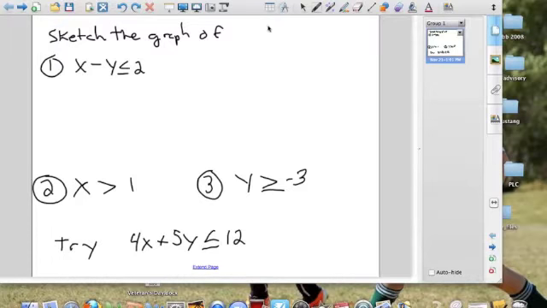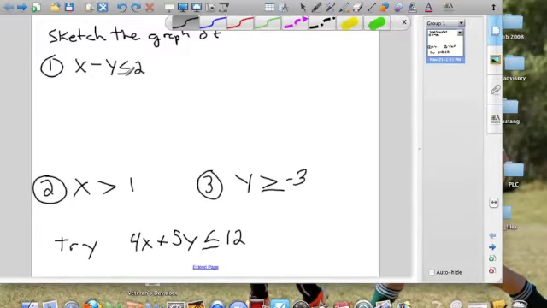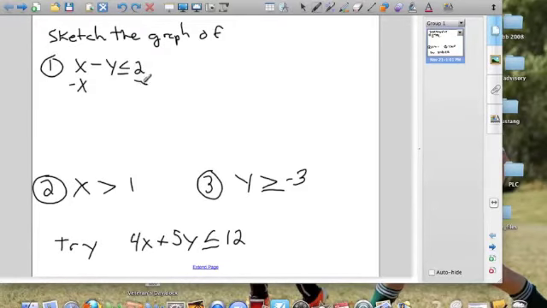So in this equation, when I'm solving for y, I have to get y by itself, so I'm going to take a negative x to both sides of the equation, and I'm going to have a negative y, or inequality I should say. I'm going to have a negative y is less than or equal to a negative x plus 2. Now, because I still have a negative y, I'm going to multiply on both sides of this equation by a negative 1.